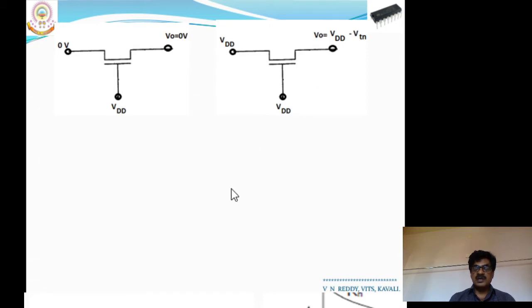Right? Now coming to the PMOS transistor, it is switched on when the gate potential is 0 volts. With the applied 0 volts, the PMOS transistor is switched on. Okay, in the on state, if the voltage at one end is VDD, the same amount of voltage you can observe at the other end.